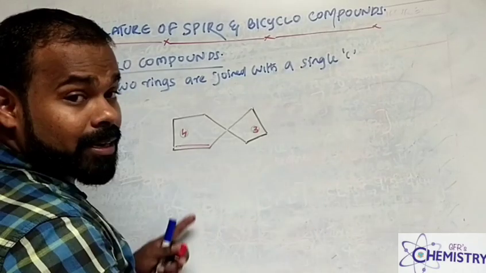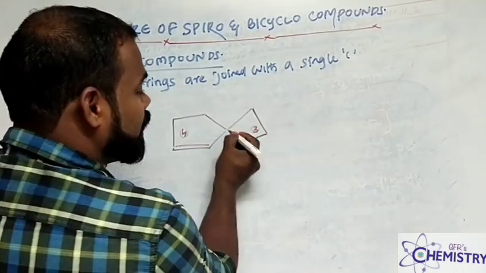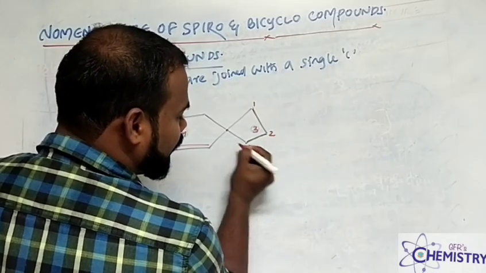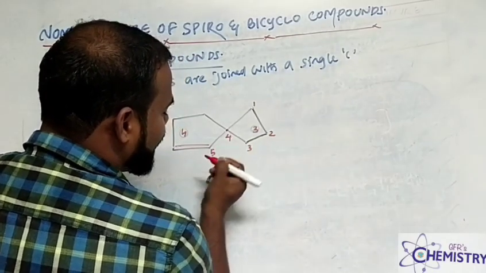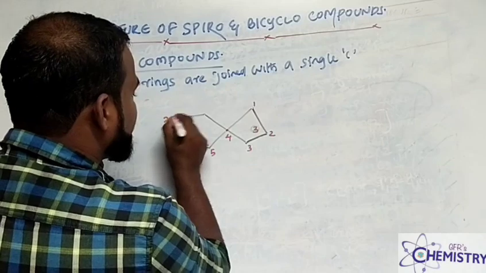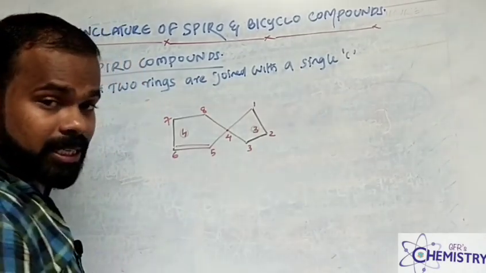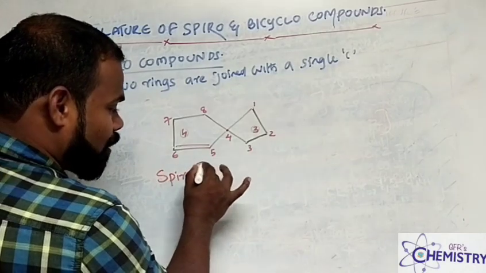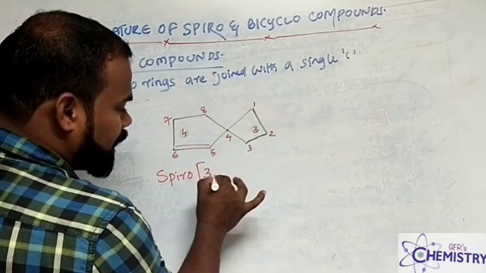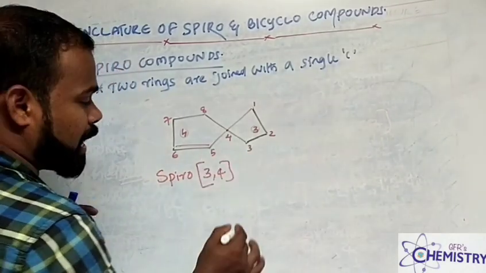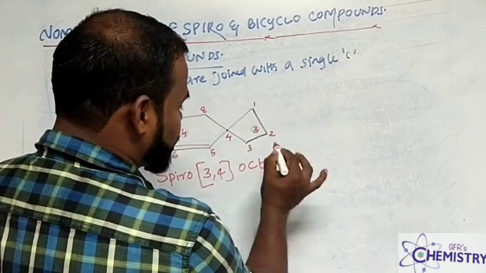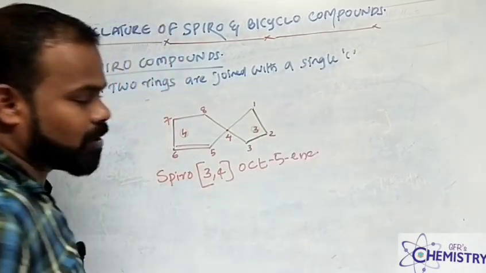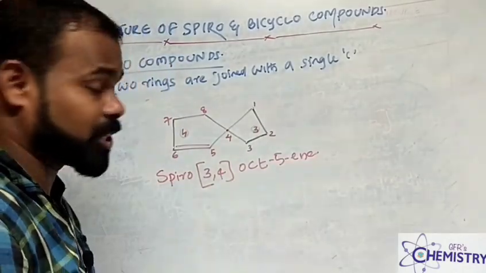Then numbering goes along with the smaller chain. Also don't start from this one. Here number 1, 2, 3, then 4, 5, 6, 7, 8, gone like that. Then what is the name of this one? This is called spiro in bracket 3, 4. Total 8 carbons, therefore oct, 5-ene. Oct-5-ene, otherwise 5-octene.